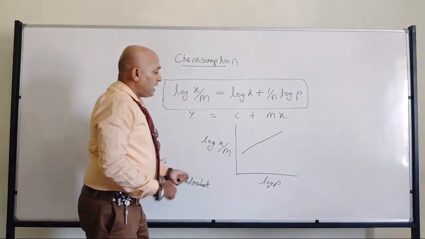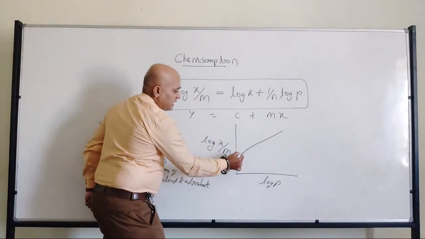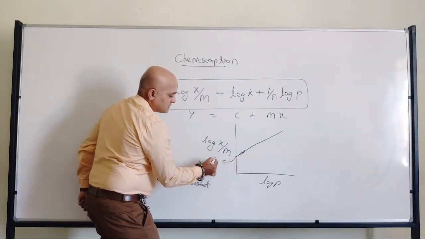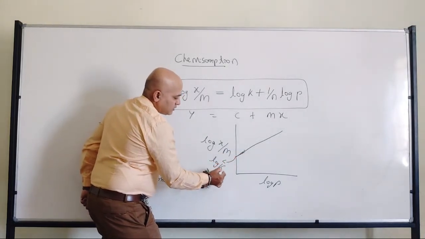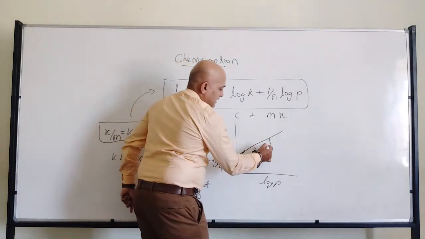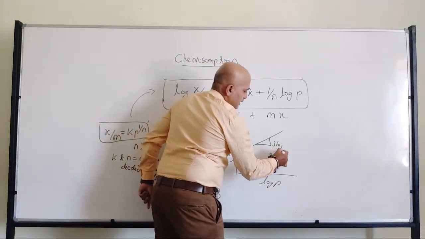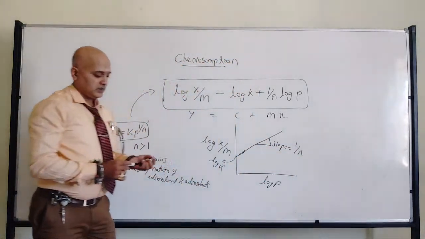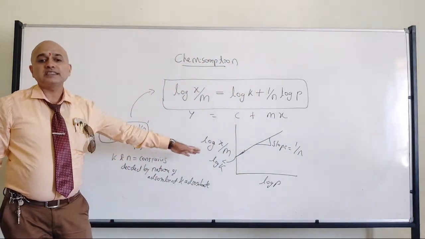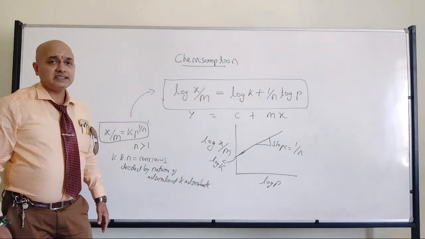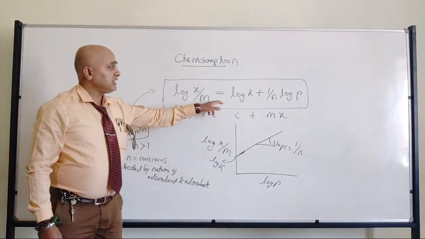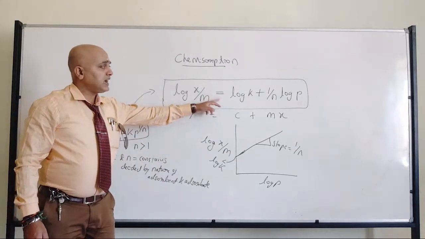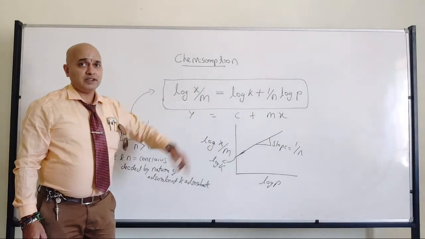Where this line intersects the y-axis, that is nothing but log of k, and the slope of this line is nothing but 1 by n. That's where I have got the modified equation, the Freundlich adsorption isotherm straight line equation.